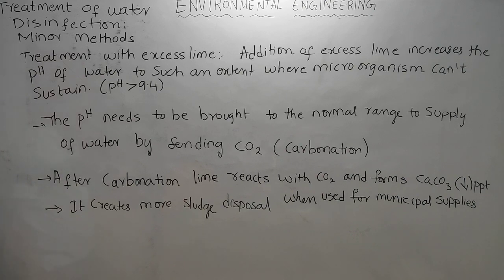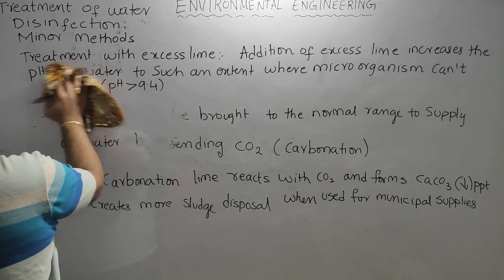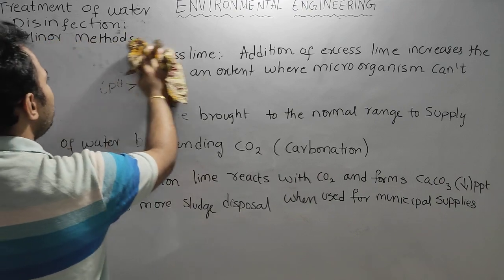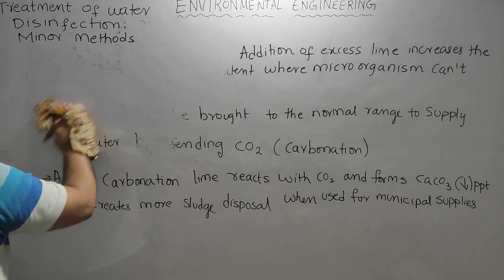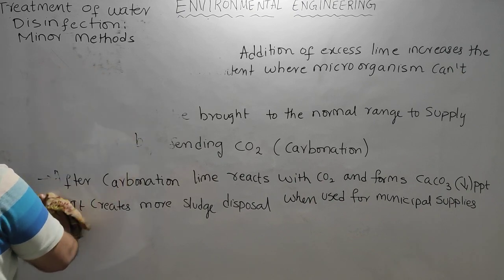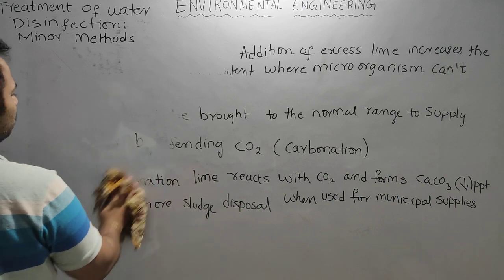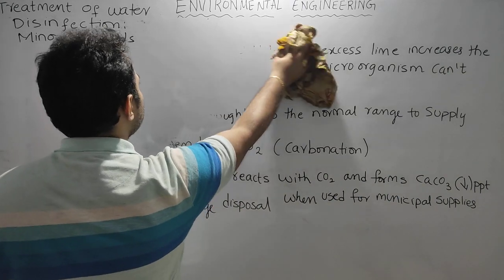Next, these days we all know that sanitizers and hand wash, everything we are using, kill bacteria or viruses or whatever microorganism is present. These are called surfactants. That means they act on the surfaces.